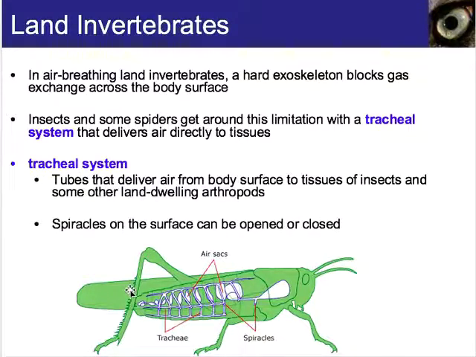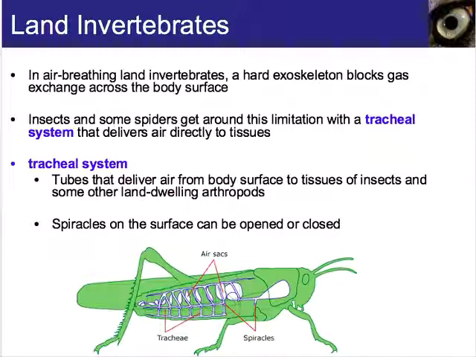In land invertebrates, like this grasshopper, so remember insects don't have a backbone, they have that hard exoskeleton, which we learned about in the last lecture, and that exoskeleton blocks gas exchange across the body's surface. So compared to an earthworm, which has a hydrostatic skeleton, remember that word, this guy has such a hard exoskeleton that it can't actually exchange air across its body.